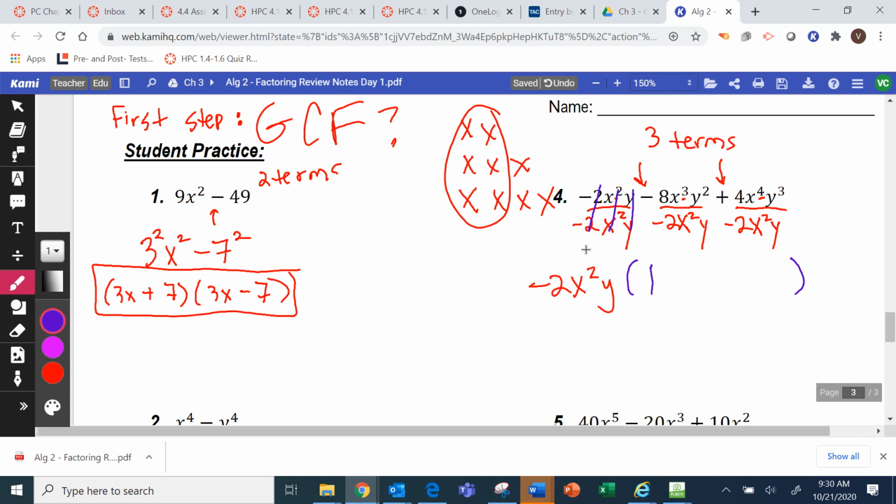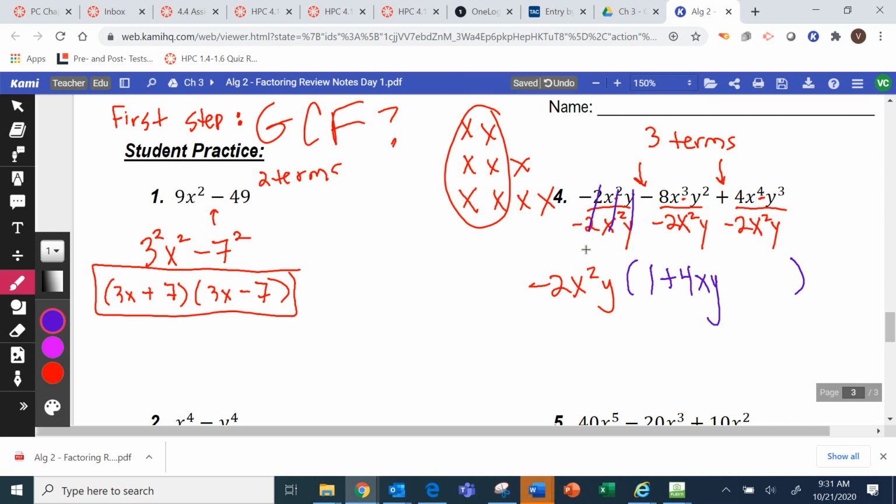All right, the next thing we're doing is we have a -8x³y², and we're taking out the negative sign. We're dividing by 2, we're dividing by x², and we're dividing by a y. What is left over? We have a 4, and it's a positive. We have an x, and we have a y. So 4xy.